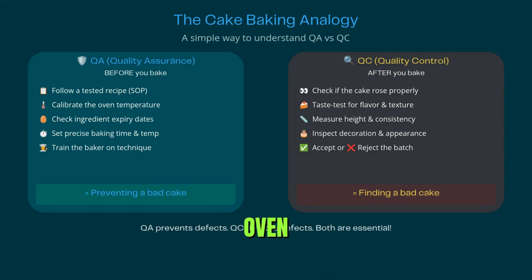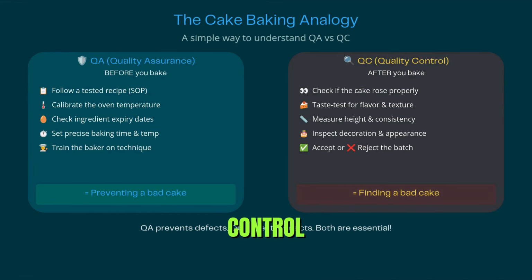They calibrate the oven temperature. They will check ingredient expiry dates. They're going to set precise baking time and temperature. They're going to train the baker on the technique of baking. And also, quality assurance is there to prevent making a bad cake.